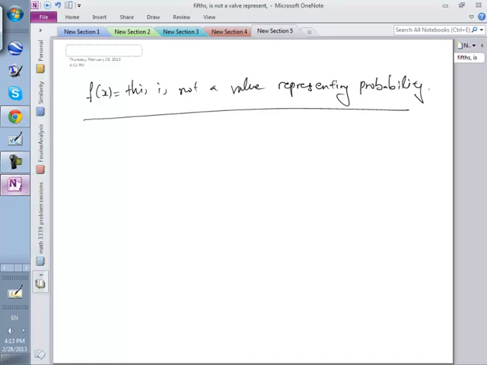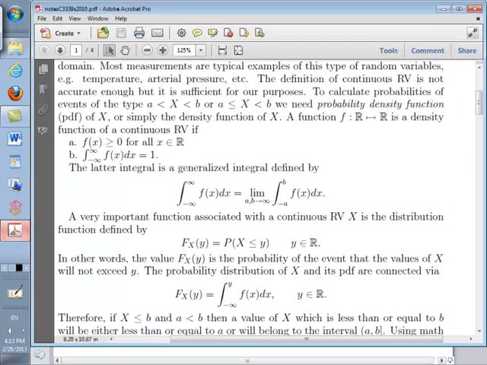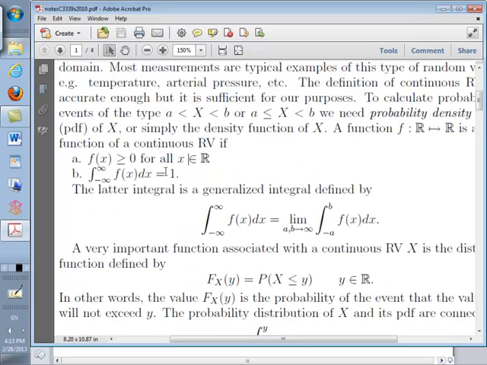What is the other basic property? The other basic property is that f of x, the density function, takes non-negative values, and if you integrate that function from negative infinity to infinity, the integral is equal to 1.